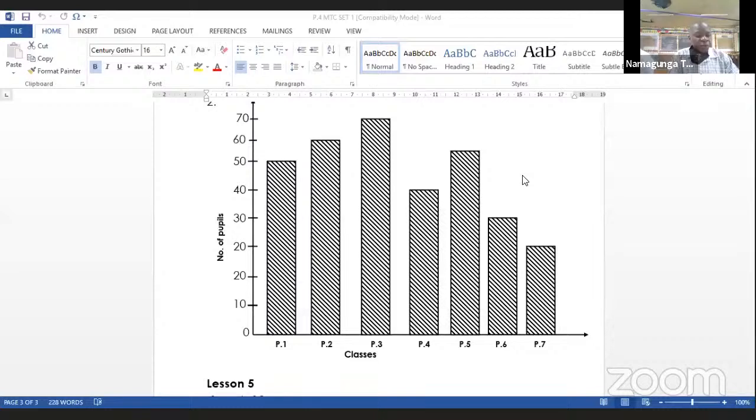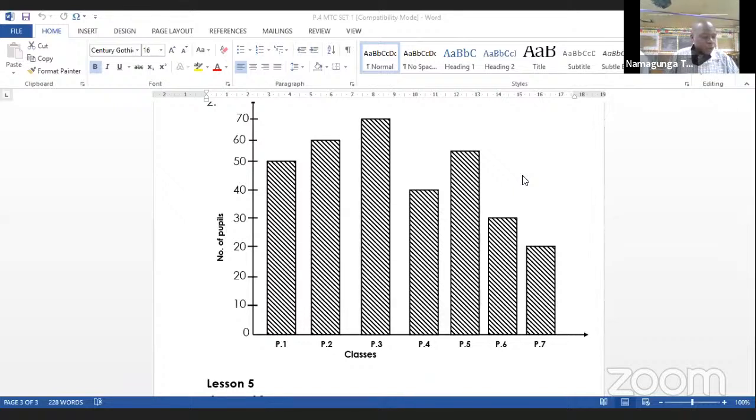The bar graph we are drawing resembles the one of number 1. But on the vertical axis, we have number of pupils, and the horizontal axis, we have the classes. So you'll get clear work on the answer guide.